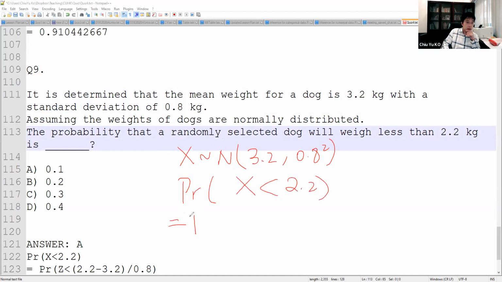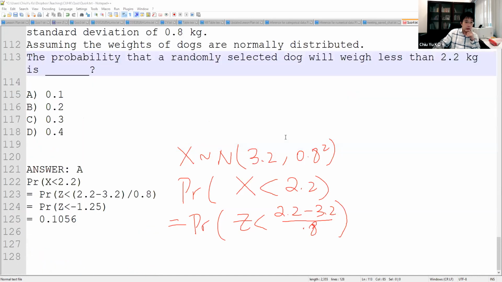That means Z is less than (2.2 minus 3.2) over 0.8, which is negative 1.25. Let's check.